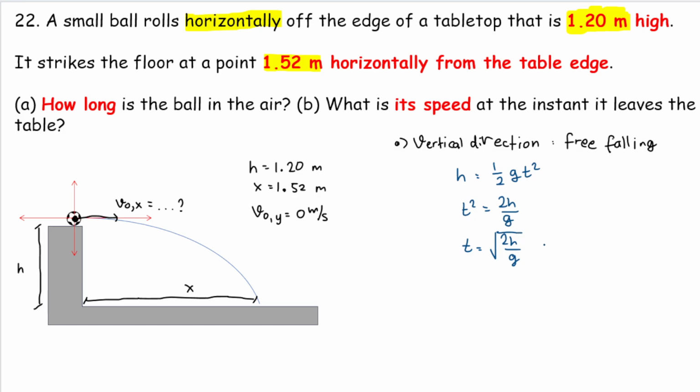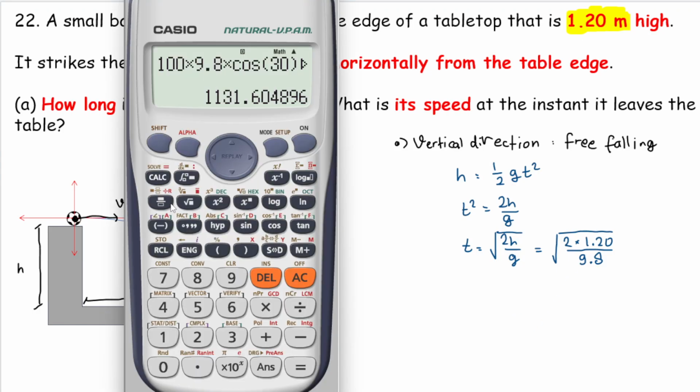And then we can just plug in the numbers here. So we will have the square root of 2 multiplied by 1.2, right? So the height is 1.20 meter divided by g, that will be 9.8. And what we can do here is just plug this into the calculator. Okay, let's clean this up.